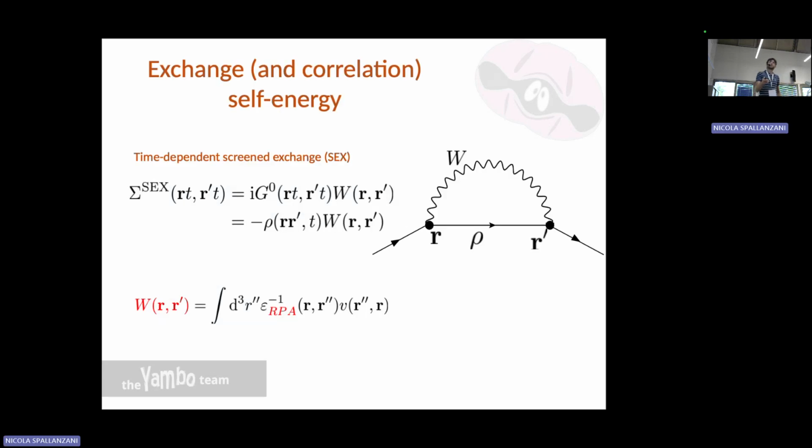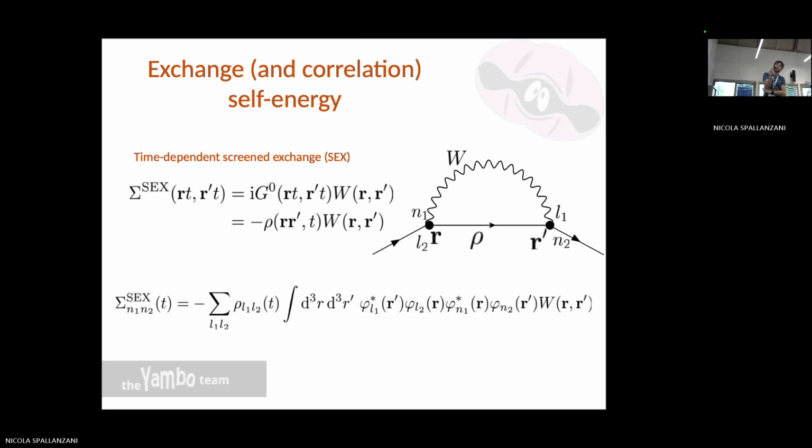Now we can also do the same for the screened exchange self-energy. This term is expressed in this way, so it is the G0 Green's function and the W, the statically screened interaction, which comes from the RPA, as was discussed yesterday. Again, I can take this at equal times, so it is G0. That is the diagrammatic expression.